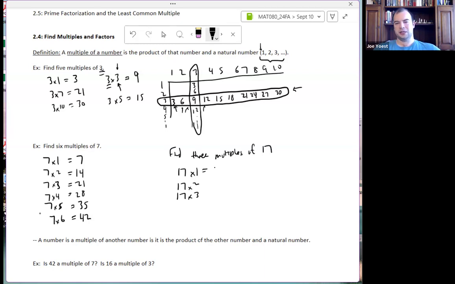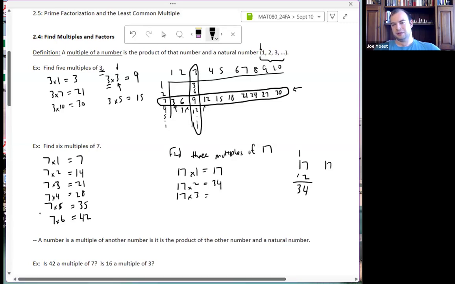Well, 17 times 1 is 17. That's an easy one. But 17 times 2, 2 sevens are 14, carry the 1. 2 times 1 is 2, plus 1 is 3, 34. And then 17 times 3, 3 sevens are 21. 3 times 1 is 3, plus 2 is 5, 51.